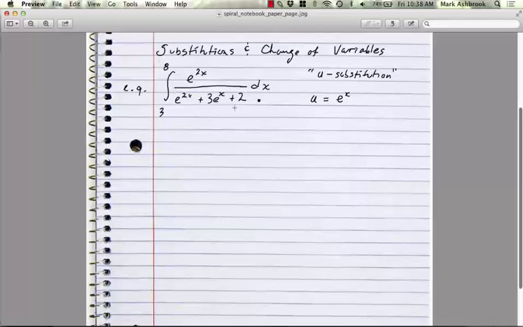If we're going to change everything into u, then we need to know what du is. So if u equals e to the x, what is du? e to the x, but by the chain rule, dx, right? So du is going to be e to the x dx.